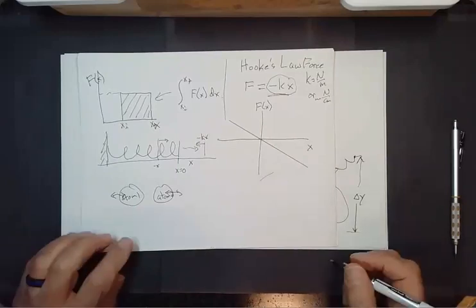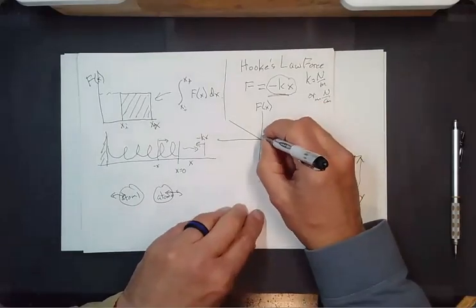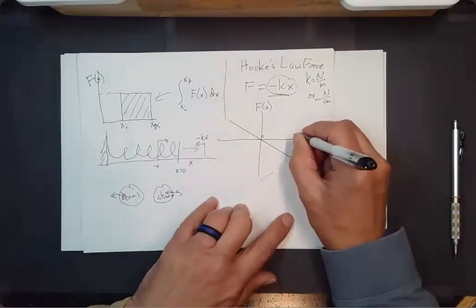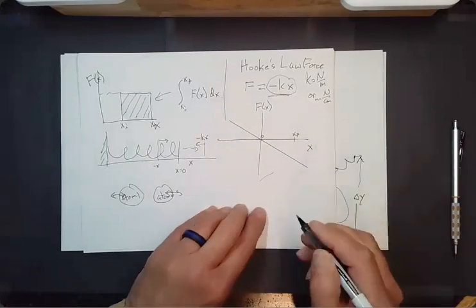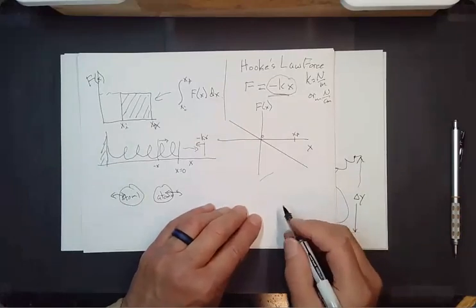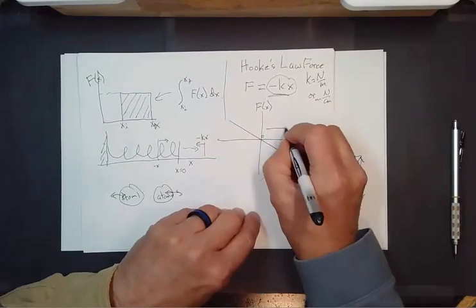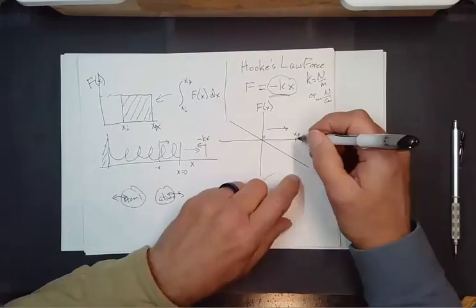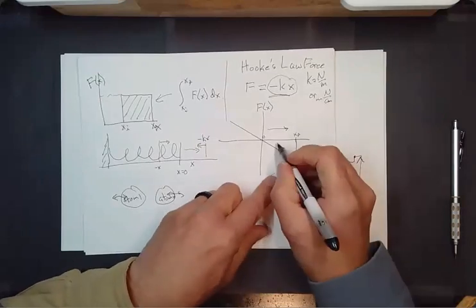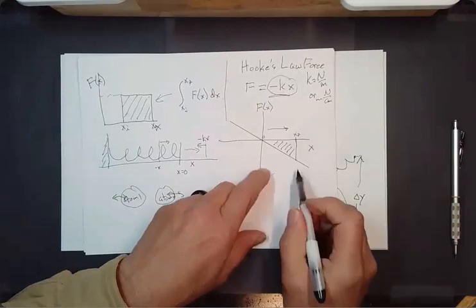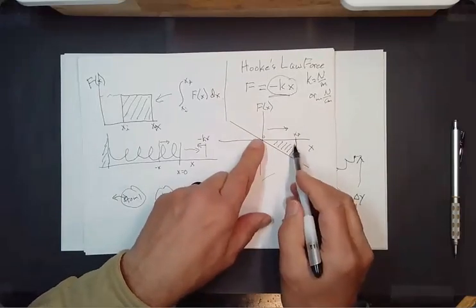Anyway, let's figure out the work that's done as we go from the origin out to some point x final. How much work is going to be done by the spring in that case? Well, if we're going in that direction, there's our delta x, and the amount of work that will be done is the area in this little box here.